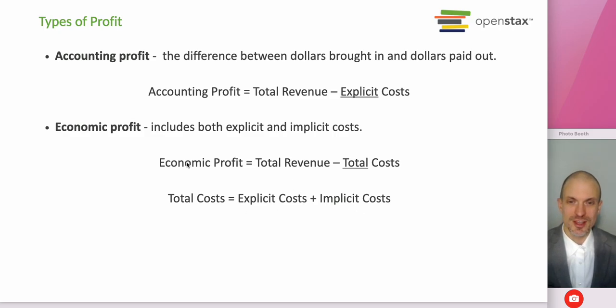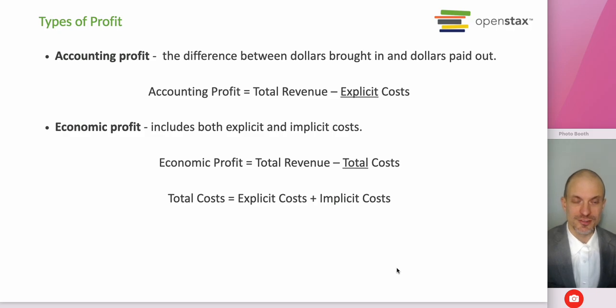What this means is economic profit is going to be no larger than accounting profit. Put differently, accounting profit is always at least as big as economic profit and sometimes bigger, because accounting profit deducts fewer costs. Economic profit deducts more costs, because economic profit pays attention to opportunity cost.